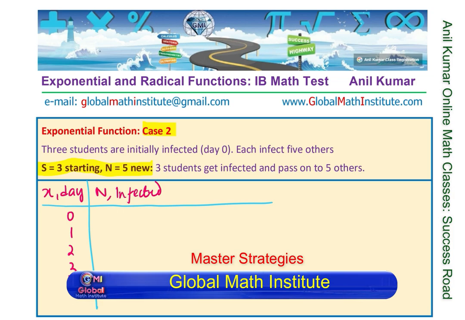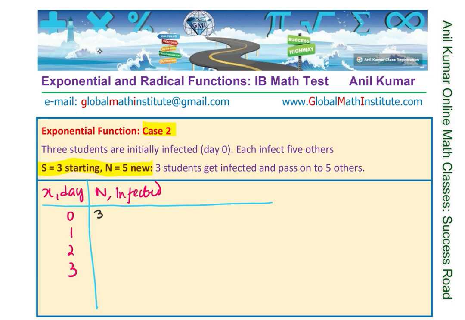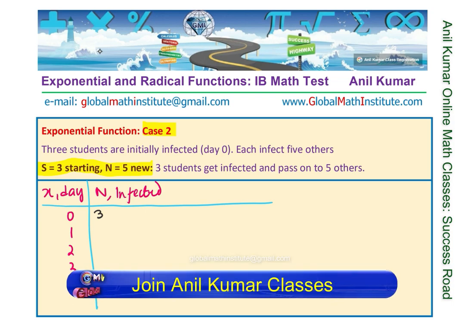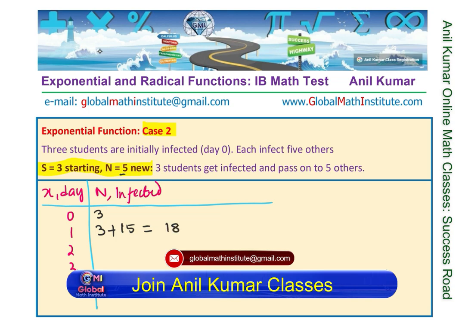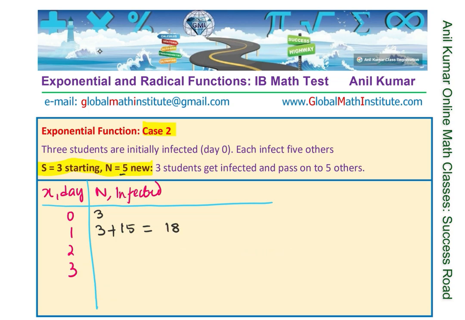So on day 1, we are saying that we have 3 students infected on day 0, but on day 1, they infect 5 each, right? So it means 3 times 5, which is 15, and when you add this up, you get 18. Now, on the second day, we have 18 from the previous day, and then 5 times 18.